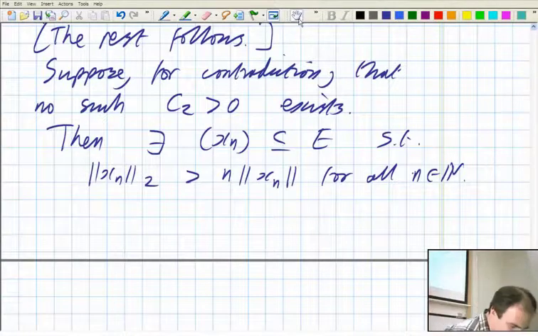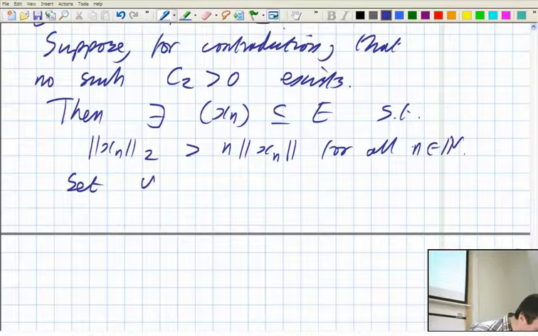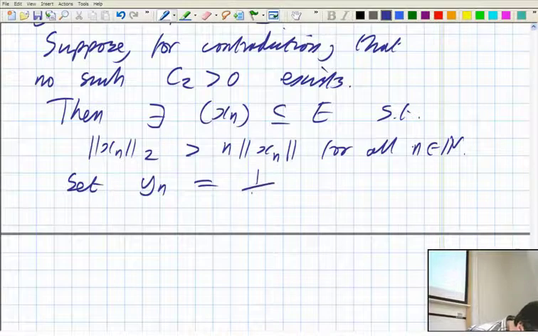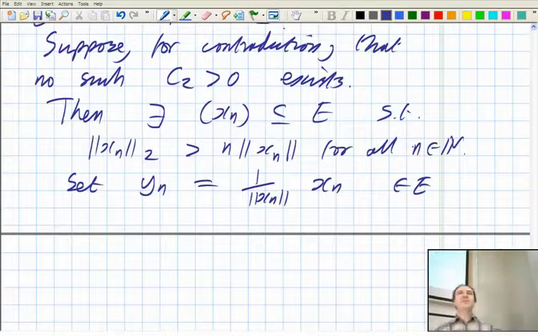Let's see how that works. So, just like last time, this is a very familiar trick. You set yn equals 1 over norm xn times xn in E. Now, why is that safe? Why am I not dividing by 0?